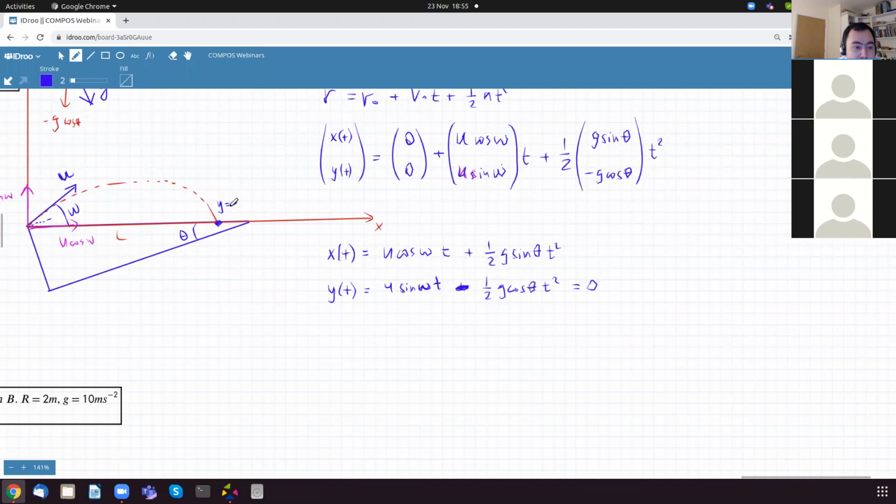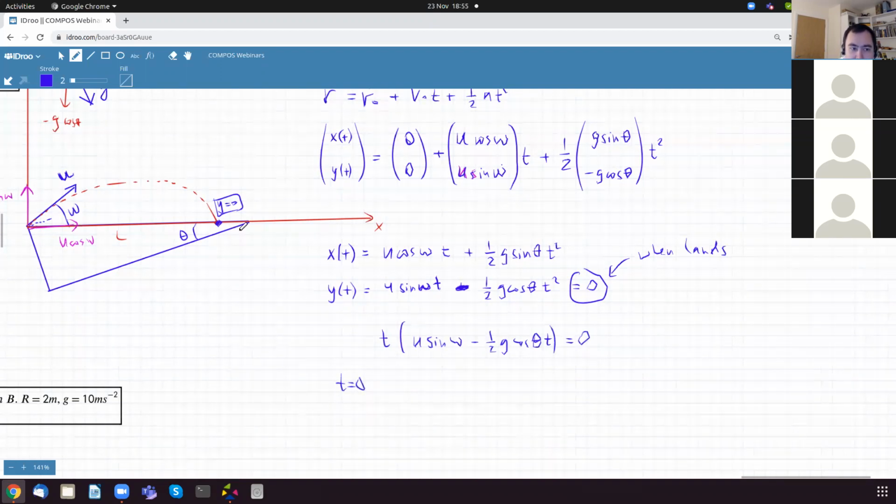So we know that y is 0 when it lands. And we solve it for t, so we factorize, and so u sine omega minus 1/2 g cos theta t equals 0. So one of the solutions is t is 0.